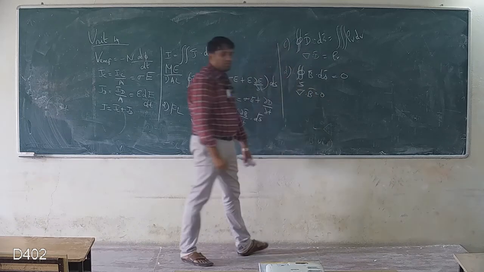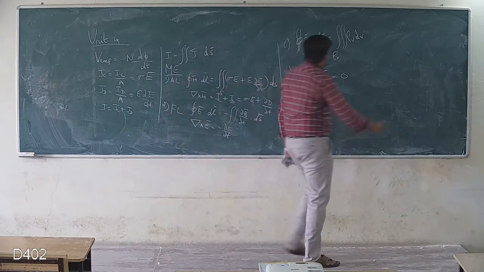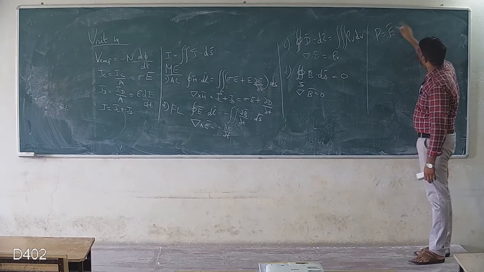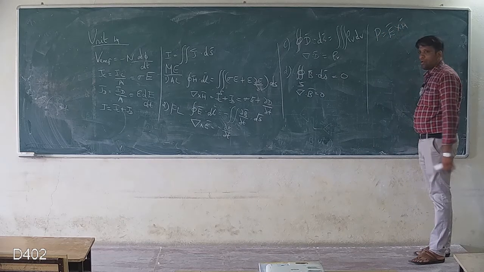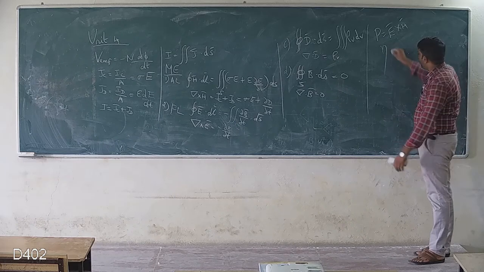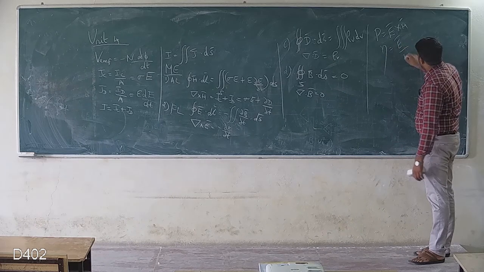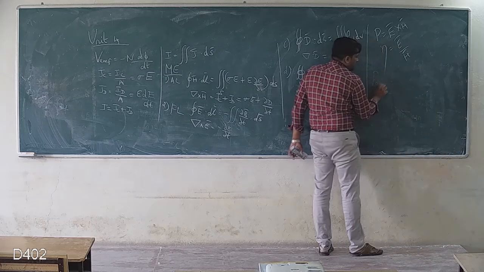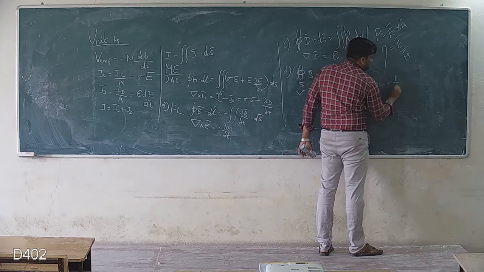So these are the Maxwell's formulas, and after that we will do the important formula, P vector is equal to E cross H vector, and there is a parameter called intrinsic impedance, which is E vector by H vector. If I want to find the average power, P average is equal to half EH.